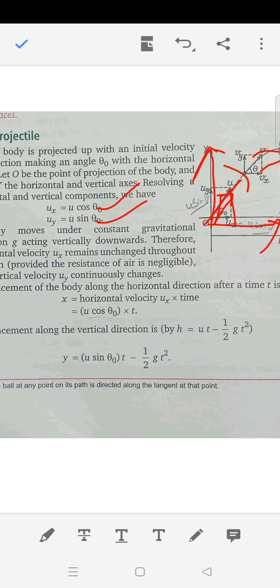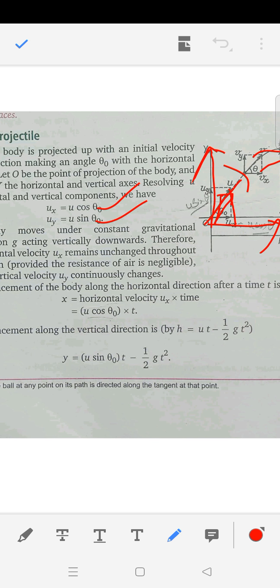Now the horizontal displacement x of the particle is given by u cos theta into t. From here we get t equal to x by u cos theta. Along the y-axis the motion is not uniform, so we cannot apply velocity into time.